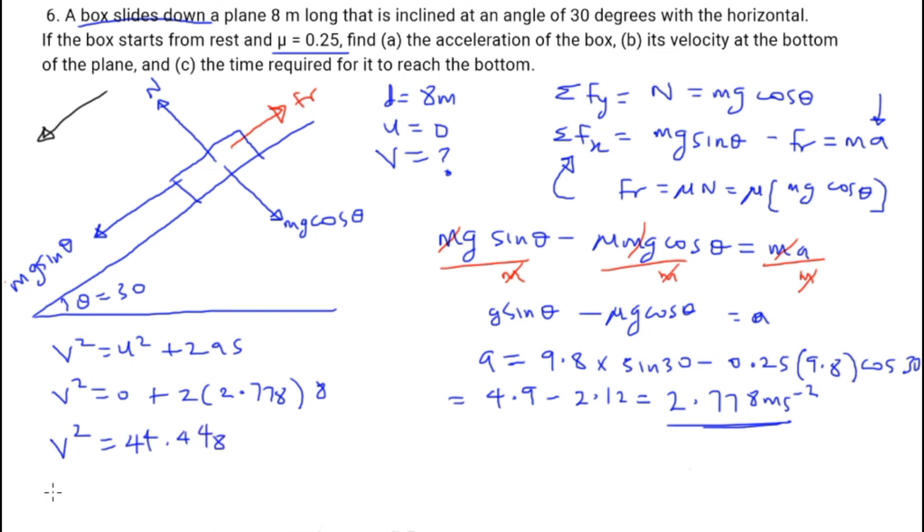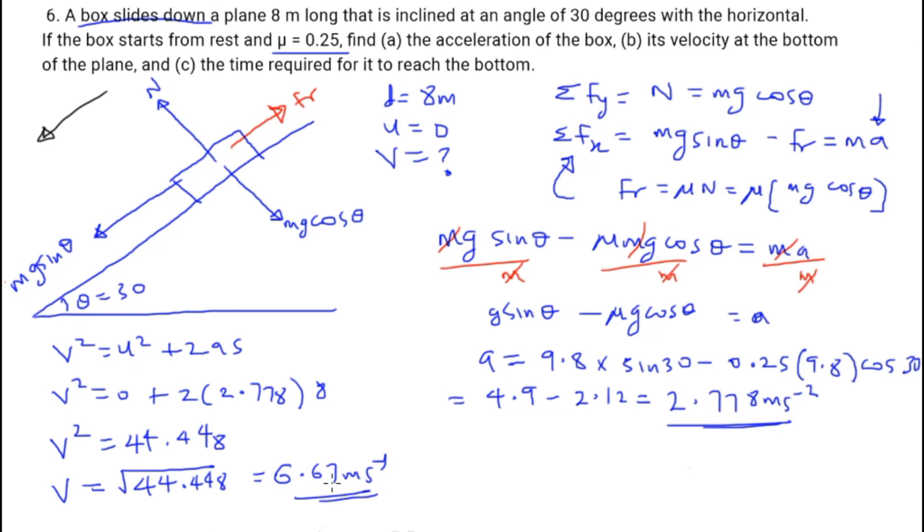The square root of both sides will yield 6.67 meters per second. So that is the velocity at the bottom of the inclined plane.